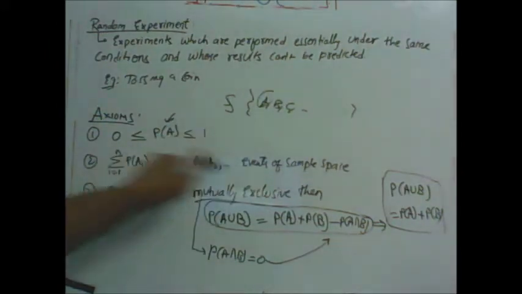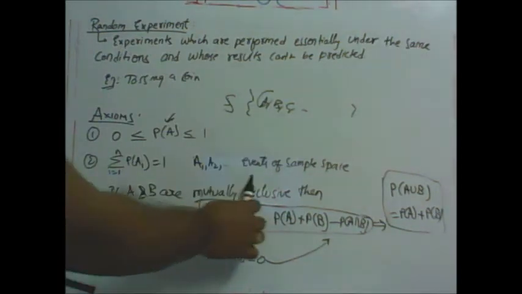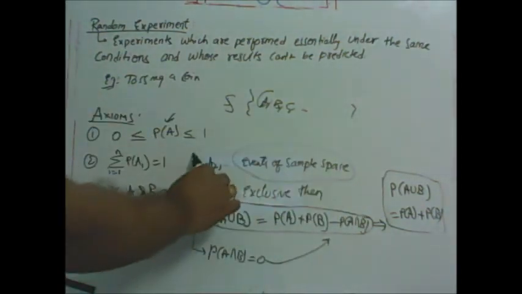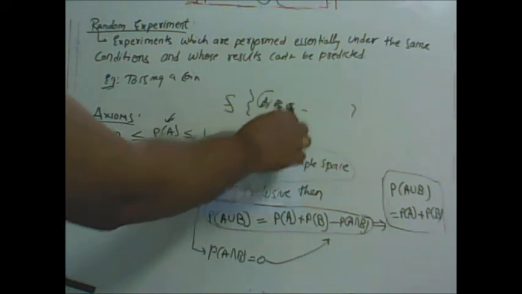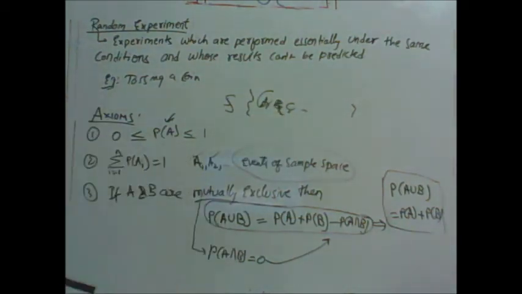It cannot be greater than 1, it cannot be less than 0. It is between 0 and 1. And for all the events of the sample space A1, A2, A3 and so on, if we sum up the probabilities of every event, then the summation of all the probabilities of the events of the sample space is 1.